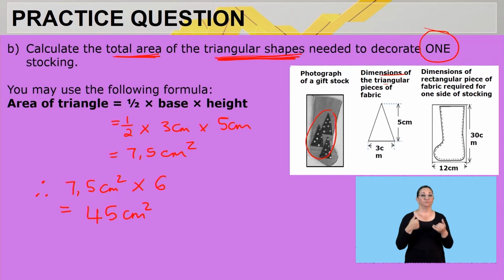I substituted by saying half multiplied by my base of 3 centimeters multiplied by my height of 5 centimeters. I got the area of one triangle of 7.5 square centimeters. Thereafter, I took the area of one triangle and multiplied that by 6, ending up with a total area of the triangular shapes of 45 square centimeters. Guys, I hope that's clear.